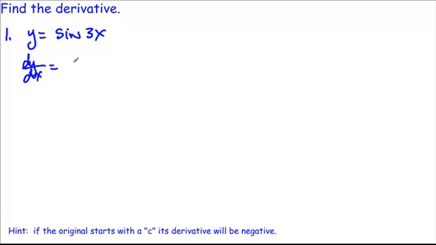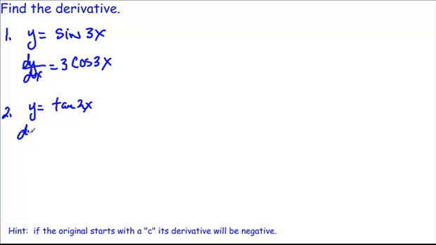Its derivative, dy/dx, is equal to, well, the derivative of sine is cosine, but remember you take this a value and put it out front. So that would be 3 cosine 3x. Another example, 2. Let's say y equals tangent 2x.